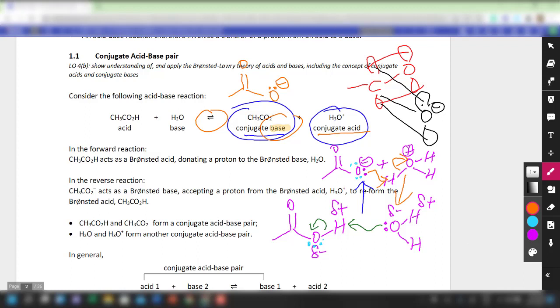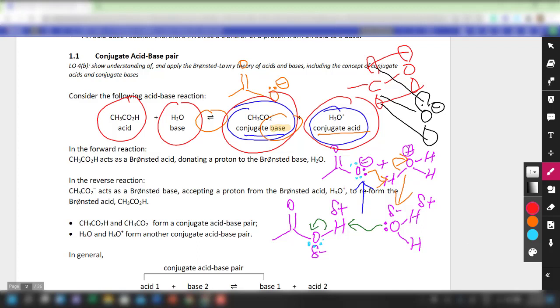Where the position of equilibrium will lie largely depends on which acid is stronger and which base is stronger. In short, we are saying: is ethanoic acid a stronger acid, or is H3O+ a stronger acid? And is H2O a stronger base, or is CH3CO2- a stronger base?